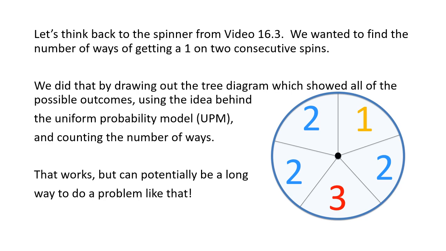We had 5 different branches to start off with, and then each of those 5 branches had 5 branches coming off. We found that there was one branch that did what we wanted, the one that went to the 1 and then to the second 1. So there's one way that works out of 25 total, and we knew our probability was 1/25.